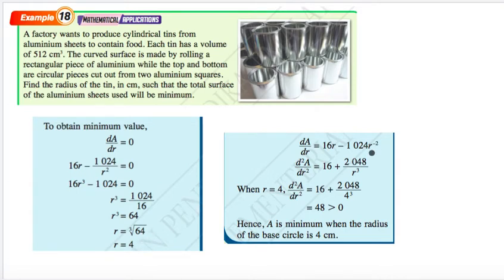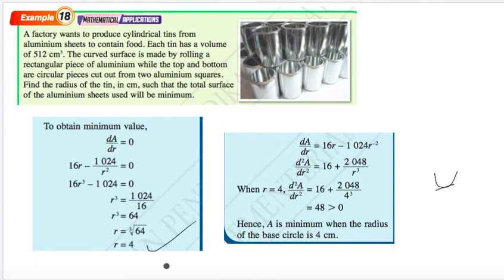When r equals 4, you substitute inside the second derivative, d2A/dr2. It is more than 0. More than 0 means minimum, going up. d2A/dr2 more than 0 is minimum. So hence, A is minimum when the radius of the base is 4 cm.